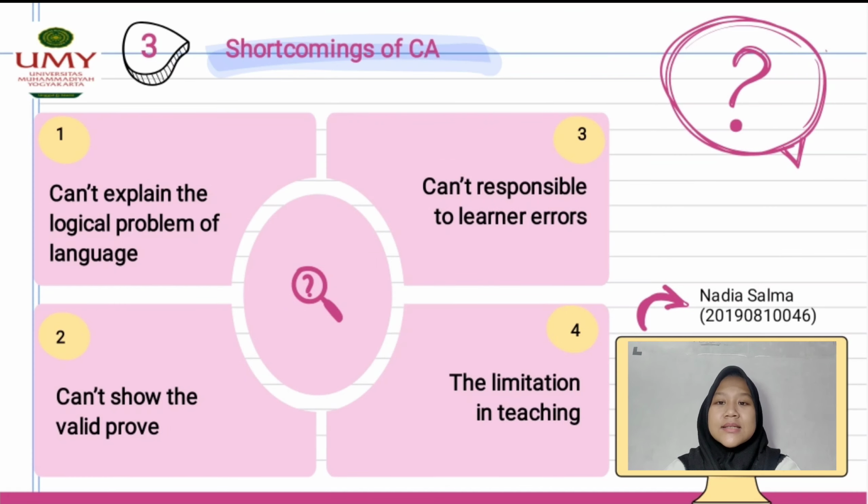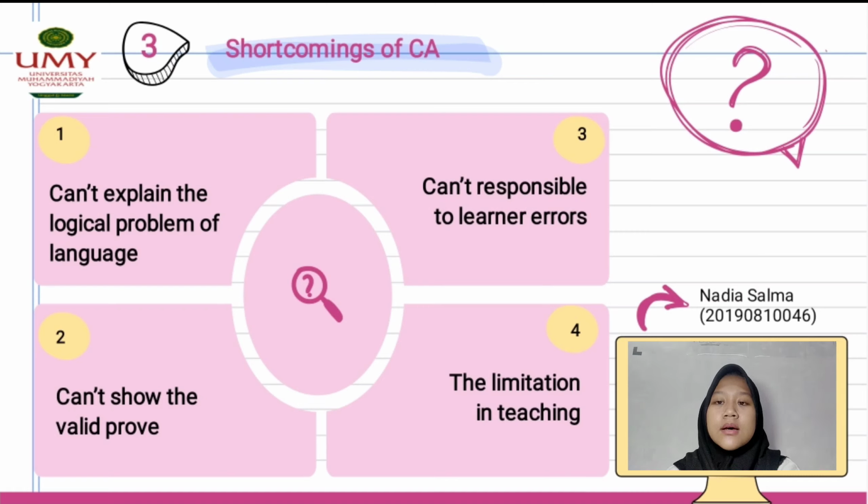Okay, next are the shortcomings of CA. The first is that it can't explain the logical problems of language. It's like CA can explain the problems of language biologically. The second is that it can't show valid proof.